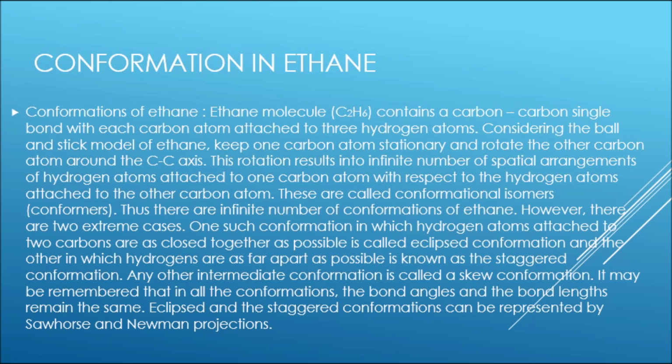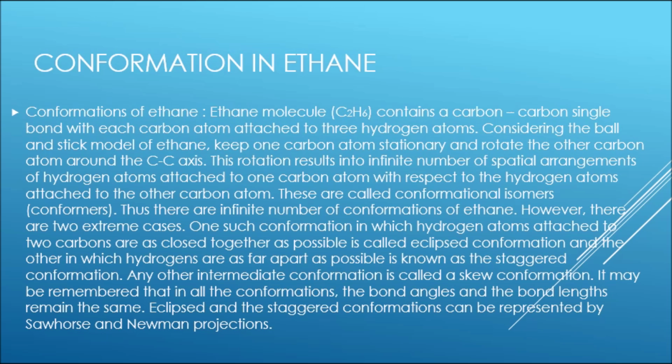Conformation in ethane molecule. Ethane molecule, C2H6, contains a carbon-carbon single bond with each carbon atom attached to 3 hydrogen atoms. Considering the ball and stick model of ethane, keep one carbon atom stationary and rotate the other carbon atom around the carbon-carbon axis.